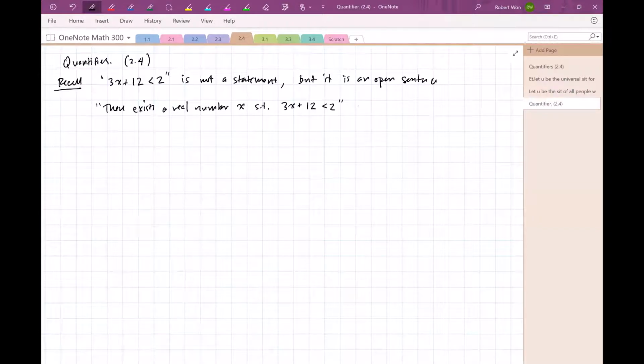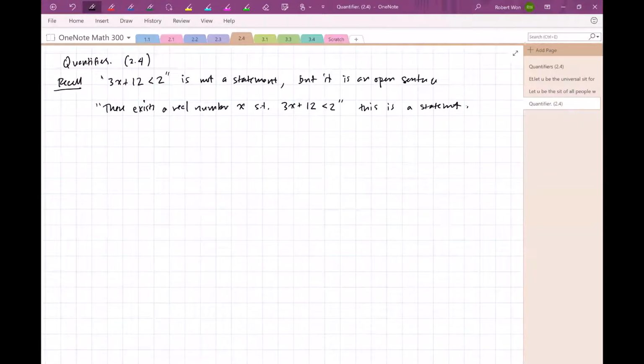So this is a statement. Okay, and the reason why this is a statement is because we don't have a variable x sitting around that's just sitting there as a variable, right? In the first sentence, 3x + 12 < 2, x is just a variable, right?